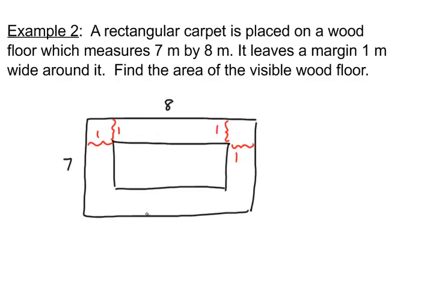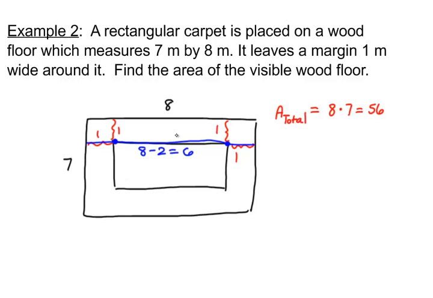So I'm going to first find the total area of the floor. So area total is equal to 8 times 7, which is equal to 56. Okay? Now I want to find the area of the carpet. So I need to find this distance first. So the distance from here to here is 8 minus 2, because you've got 1 here, you've got 1 there, so you're taking 8 minus 2 of that, so there's 6.